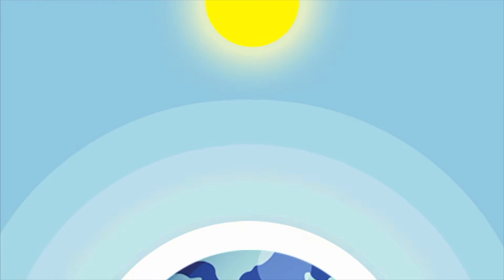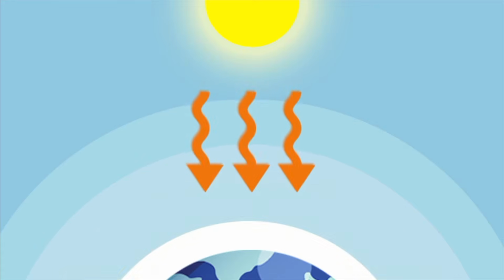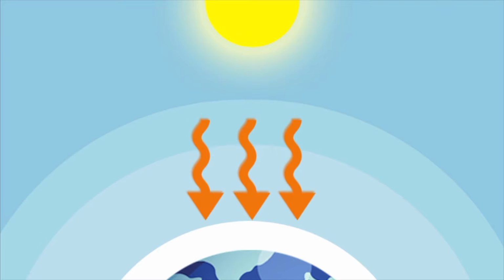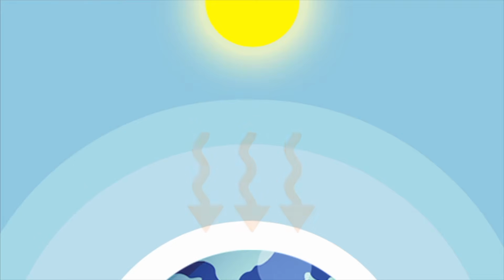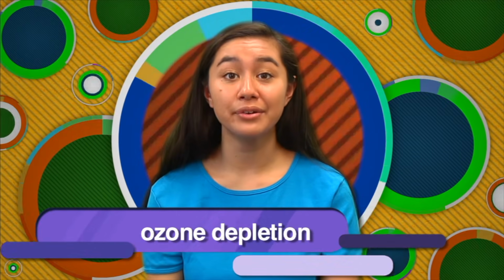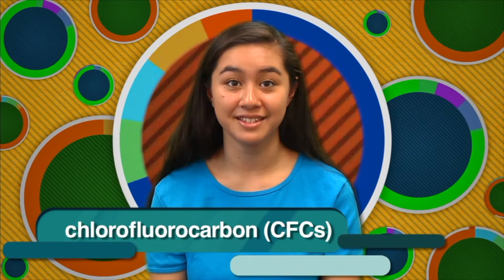Although our ozone layer blocks 97 to 99% of these harmful rays, there is evidence that suggests that our ozone layer is depleting, leaving us vulnerable to dangerous ultraviolet radiation. Ozone depletion is the thinning of Earth's ozone layer caused by chlorofluorocarbons, CFCs, leaking into the air and reacting chemically with ozone, breaking the ozone molecules apart.